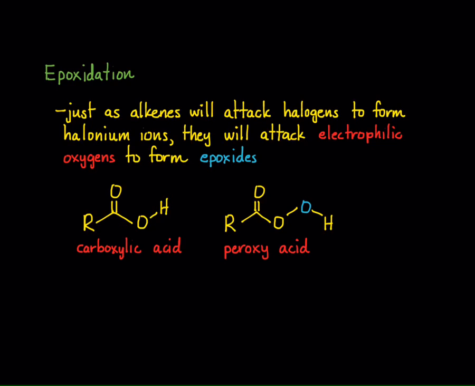Now, why is this of interest to us? If you recall, a carboxylic acid is very acidic. Why? Because the oxygen is withdrawing electron density away from the hydrogen, and it makes that hydrogen acidic. It also makes it electrophilic, right? So that it can be removed relatively easy.